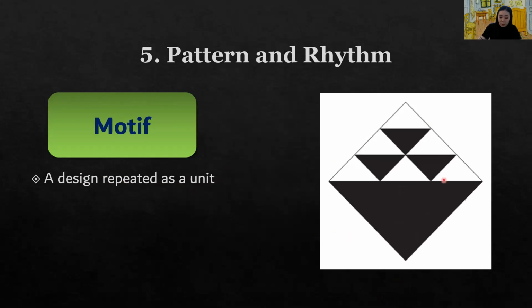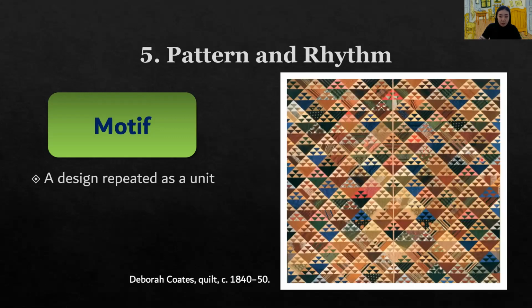So there is a unit design, which includes the triangle shapes in a square shape. And when it repeats, it makes a pattern. So one unit of pattern is called a motif.